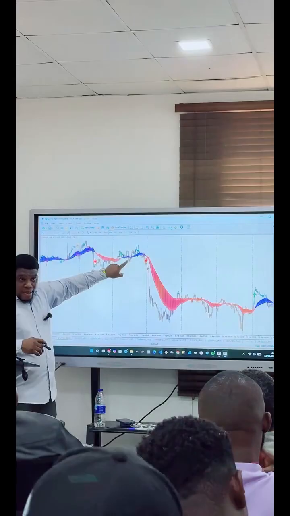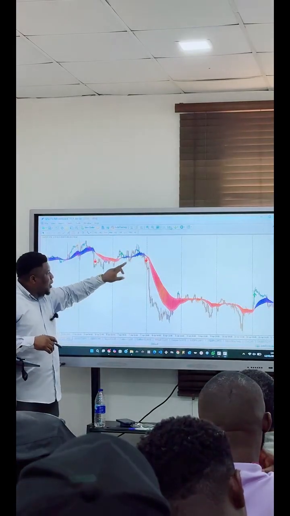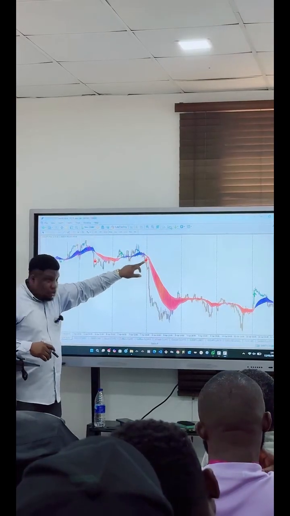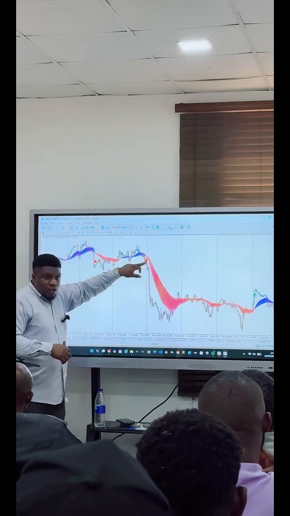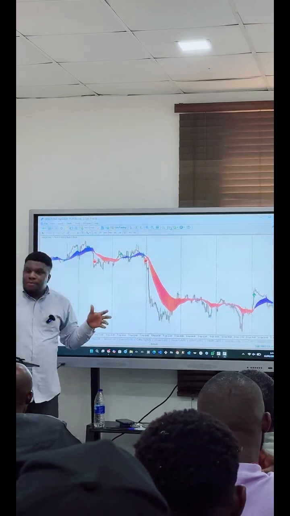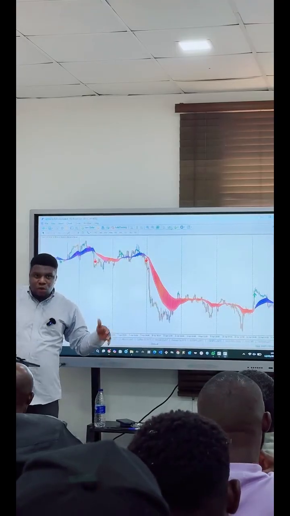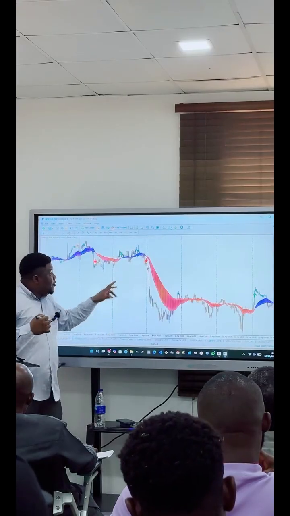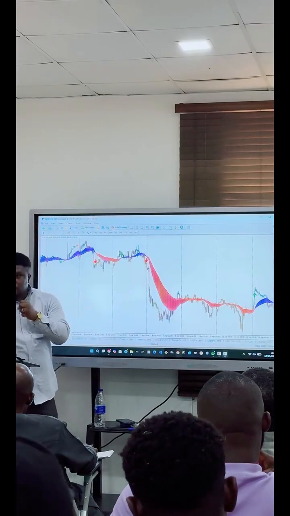Now, you see this price coming down, it went below this low point. For price to go below this low point, it means in layman's terms, price just broke structure. Don't worry, I'll give a detailed explanation. If this happens and the sell signal comes, it's a high probability sell signal.